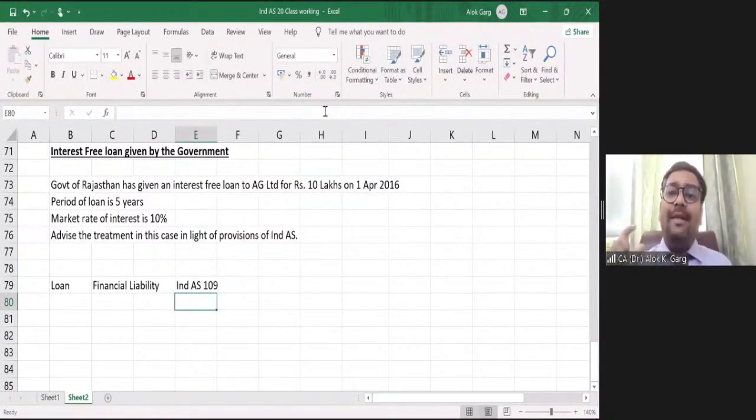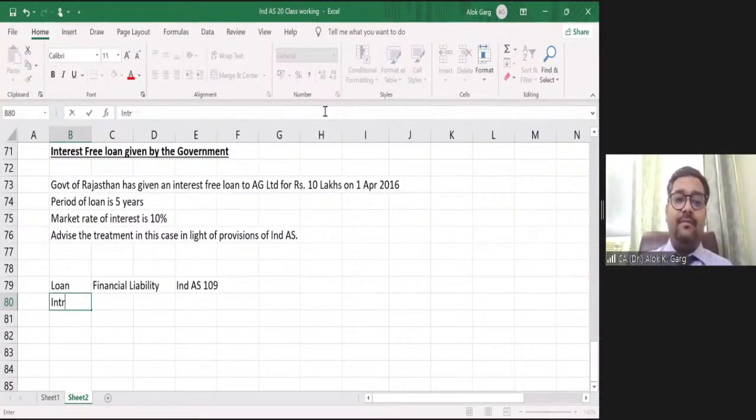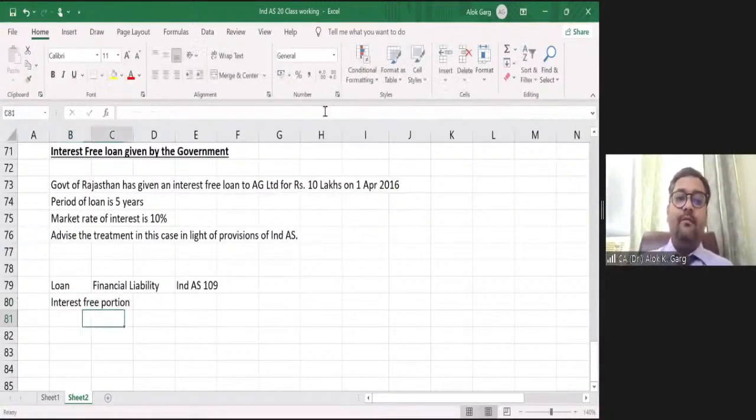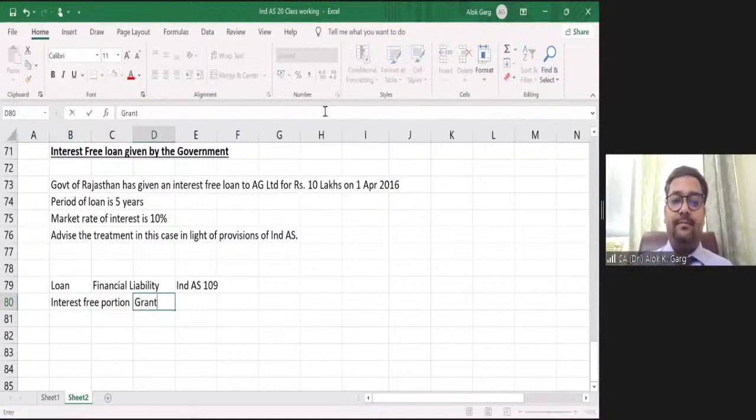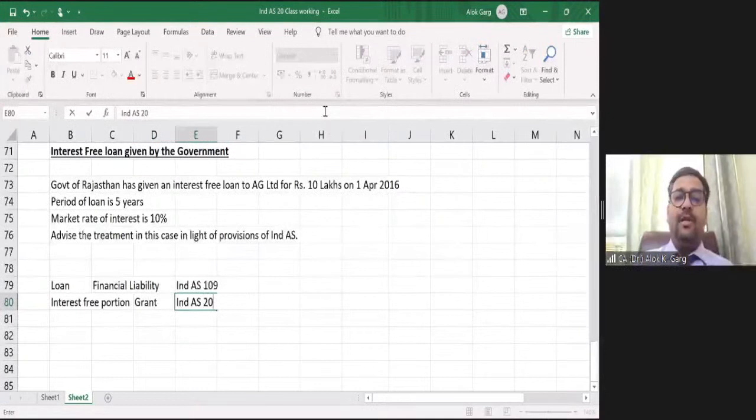And since the government has given an interest free loan, the standard says that Ind AS 20 also comes into the picture, and this interest concession, this interest waiver or interest free portion will be considered as a grant, and it will come under Ind AS 20.